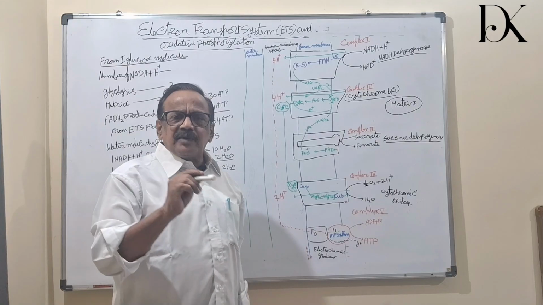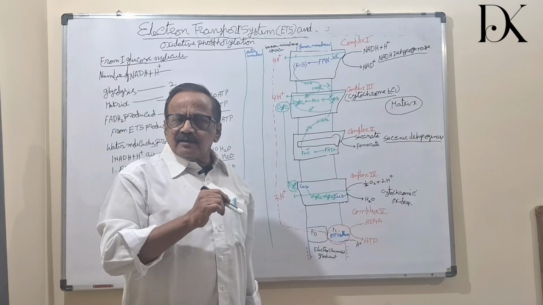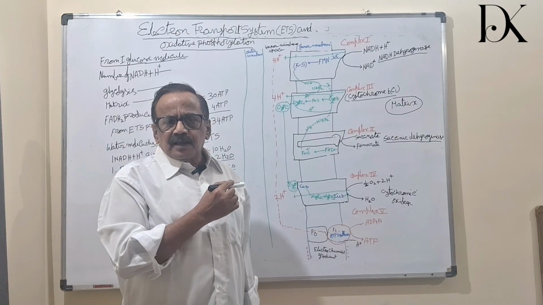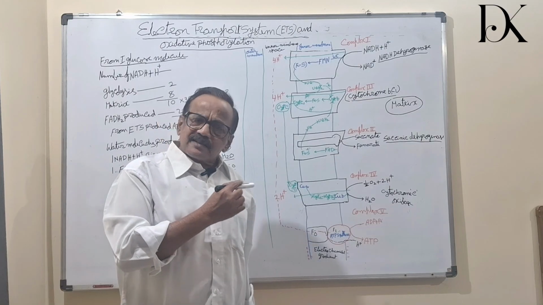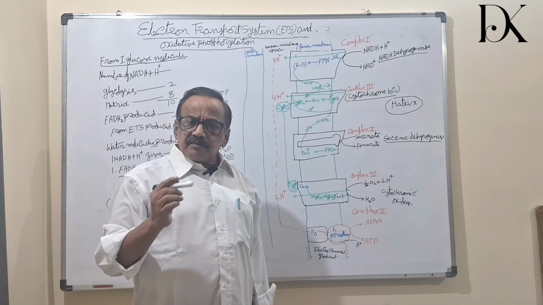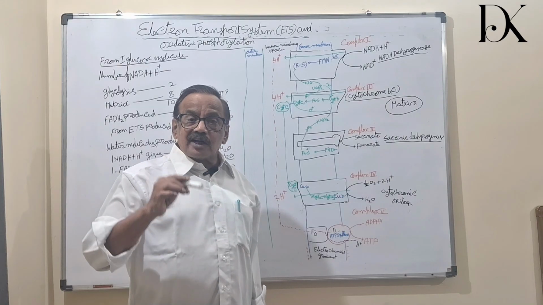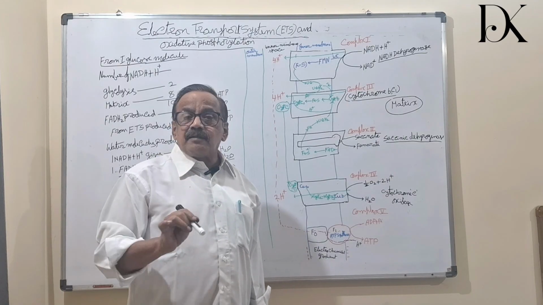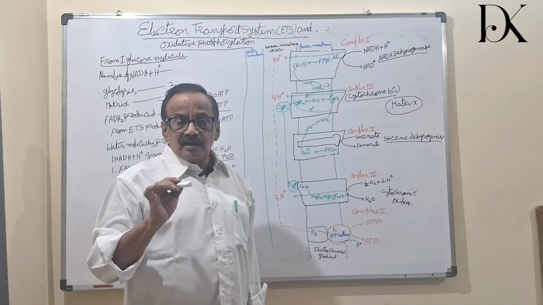For that only, see my video that I made on this. In the electron transport system video, I discussed the entire thing for 40 minutes. Now I am discussing these things NEET oriented, how the bits will come in 2026.